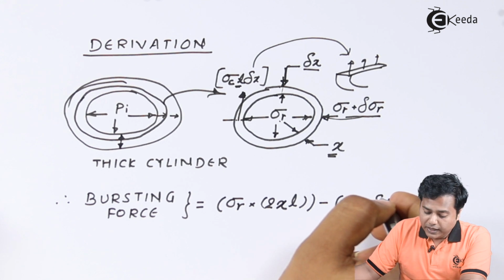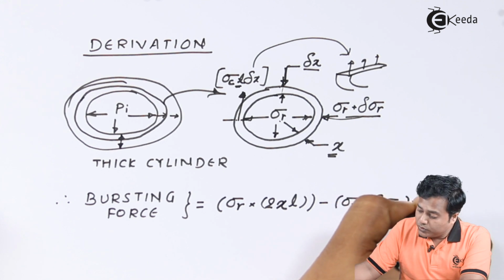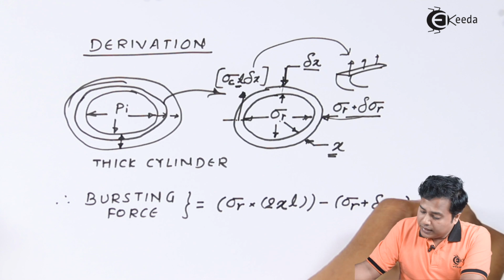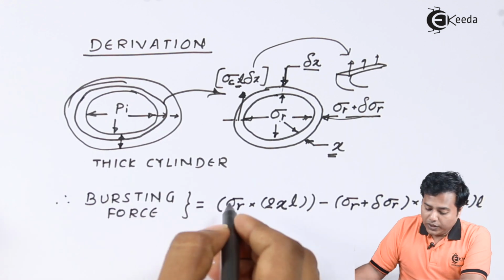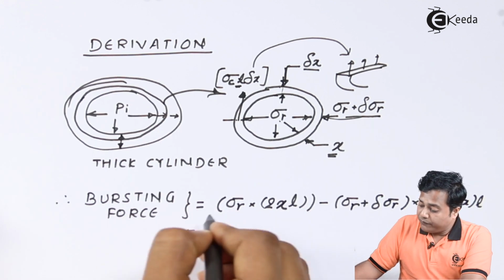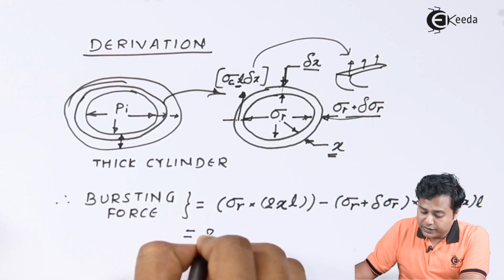This is one aspect, and the remaining aspect is into twice x, which is the radius again, into delta x into its length. So with this, if we solve this particular equation, we will get this one.